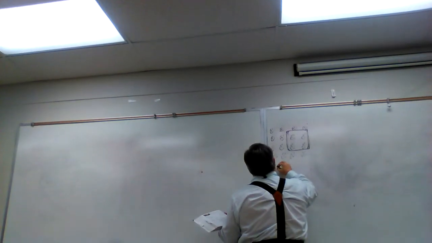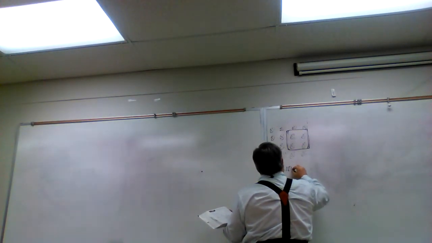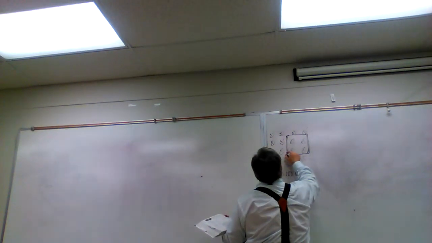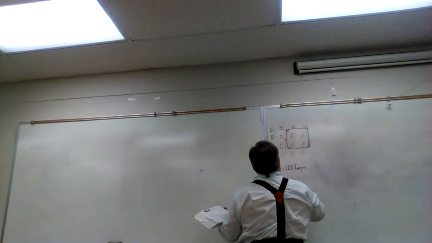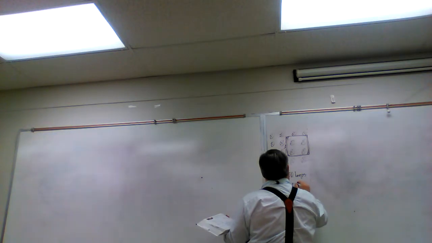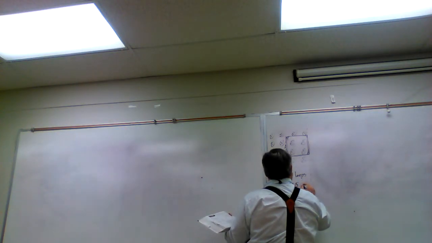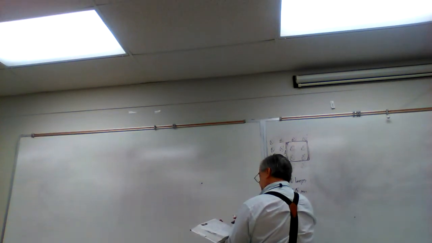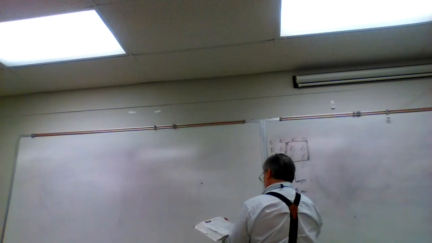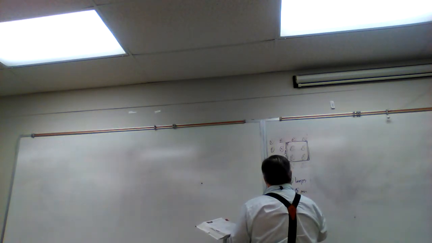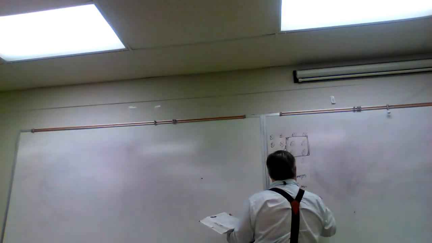Now, N equals 100 loops. L equals 5 centimeters. And B sub naught is 0.600 Tesla.